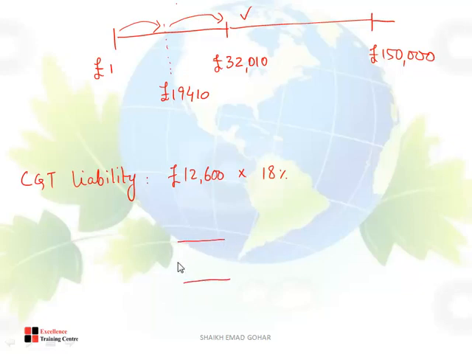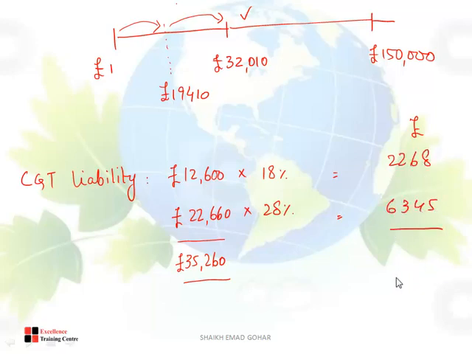On the last page we calculated 35260 minus 12,600, how much? 22660 at the rate of 28%. 2268 and 6345. In total how much? 8613 is the answer. You got 3 marks for doing this.